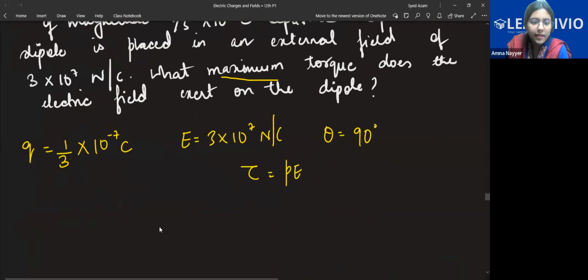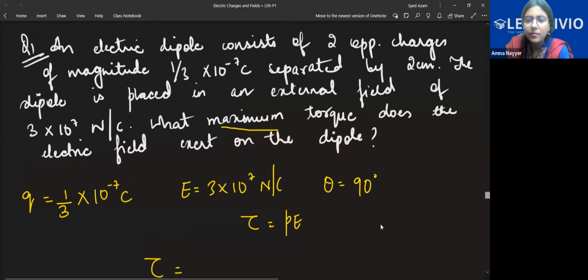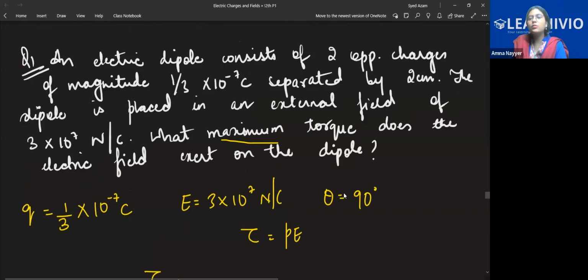Now, Shaima, can you tell me what the value of the dipole moment is that I should write? These are the values: 1 by 3 into 10 to the power minus 7, into 2 into 10 to the power minus 2.